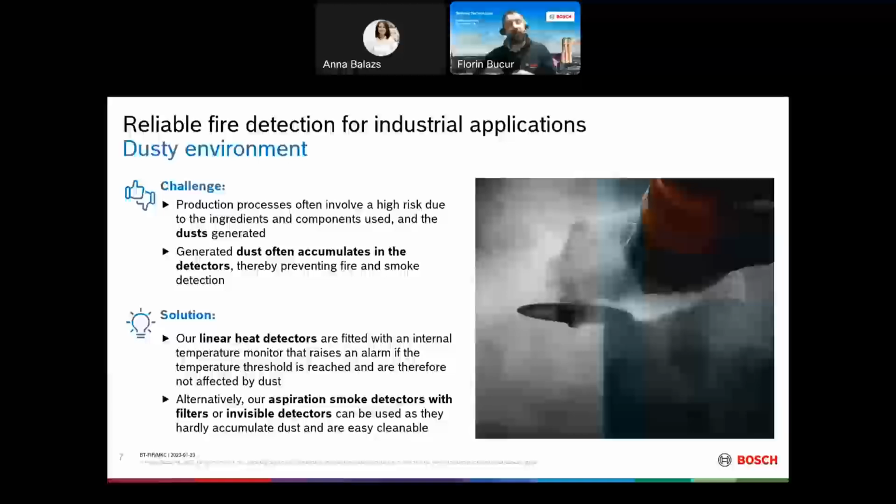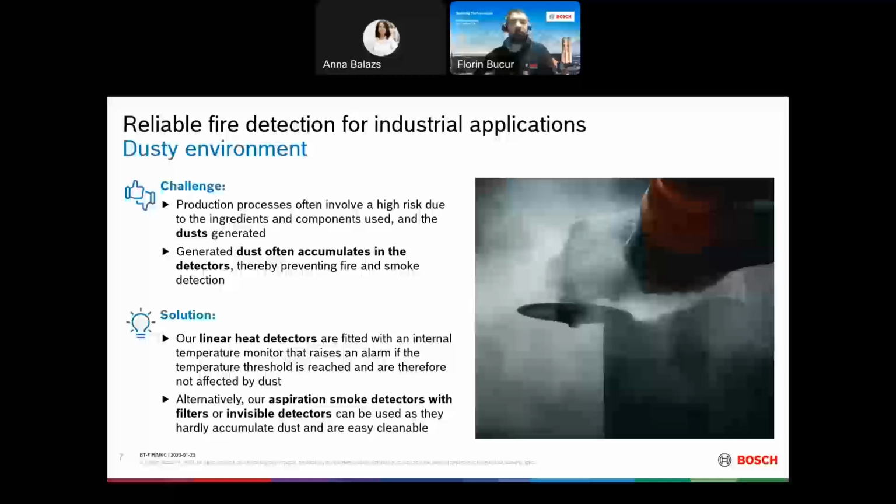For that, one option is to use a temperature detector. Of course, point detectors have the same issues, but we can use, for example, sound probes for temperature detection or linear heat detectors.